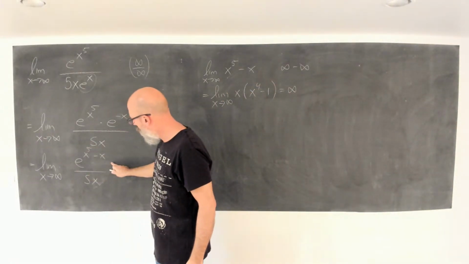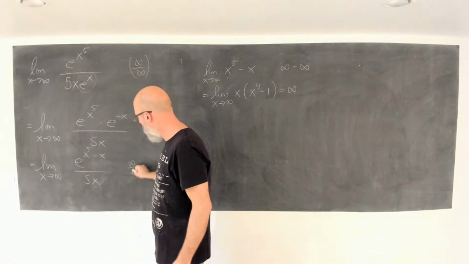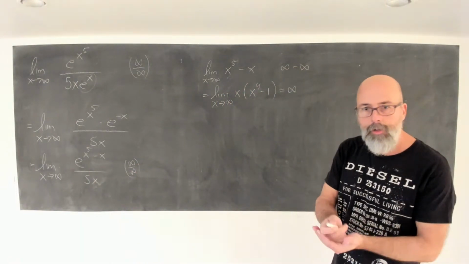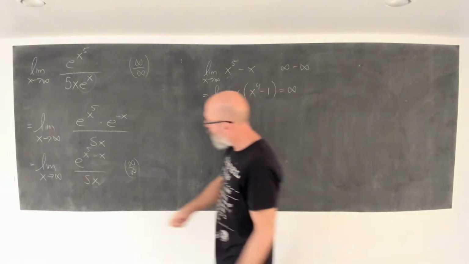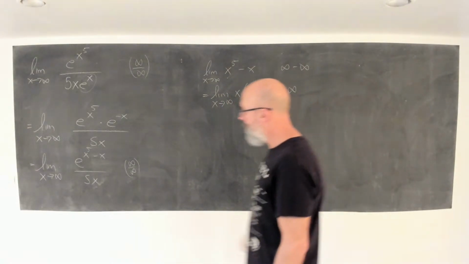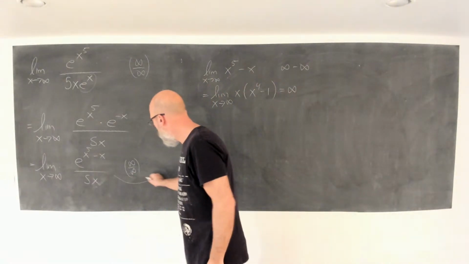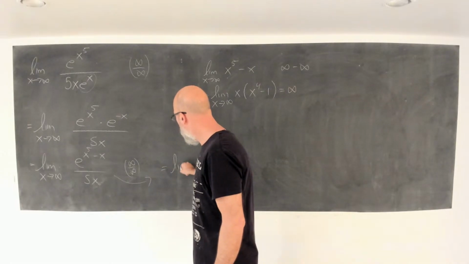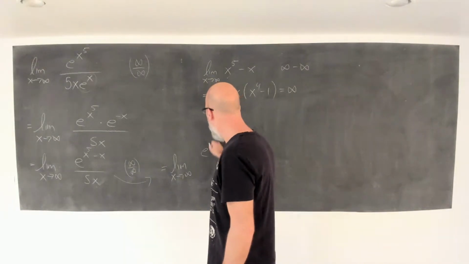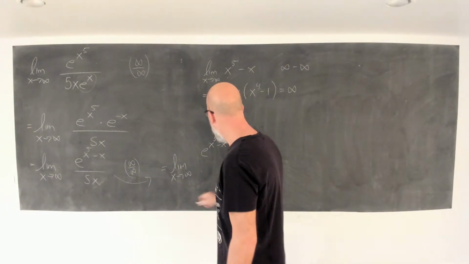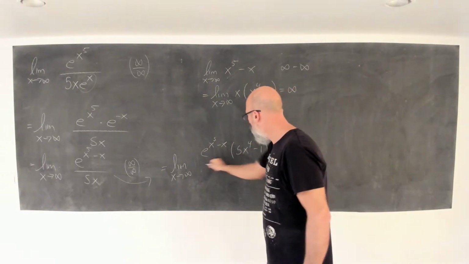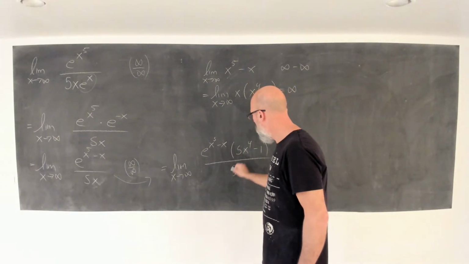So this has the form infinity over infinity. And now if you apply L'Hopital's rule one time you're done, because the denominator disappears. By disappears, I mean, what do you want to mean? Derivative of the top, exponential times the derivative of the inside, 5x to the 4 minus 1 over 5.